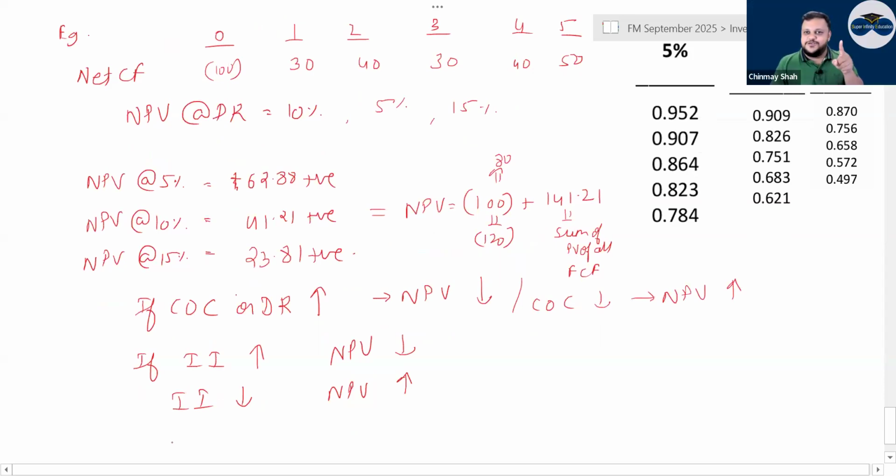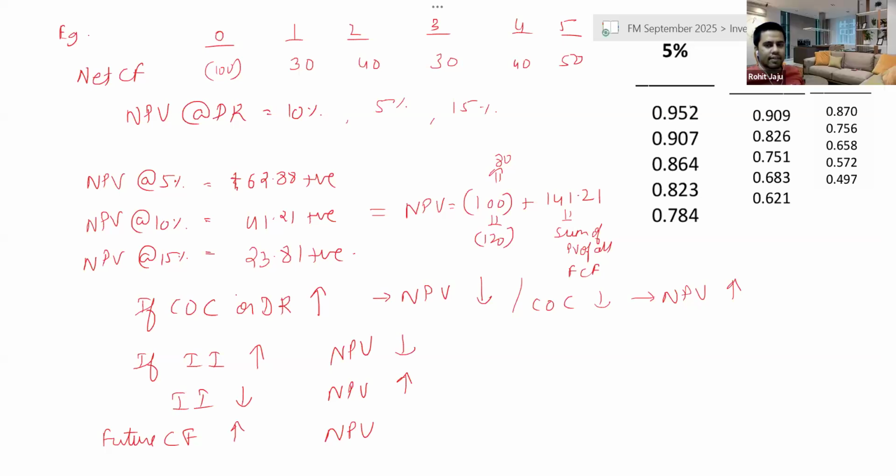Last but not the least, correct? 3 components are there: cash flow, initial, that is positive cash flow, initial investment, discounting rate. Last, if my future cash flow increases, correct, what will happen to NPV? Now see, if my future cash flow increases, my sum of present value increases. एक minute. Shanti se. Here my cash flows increase.